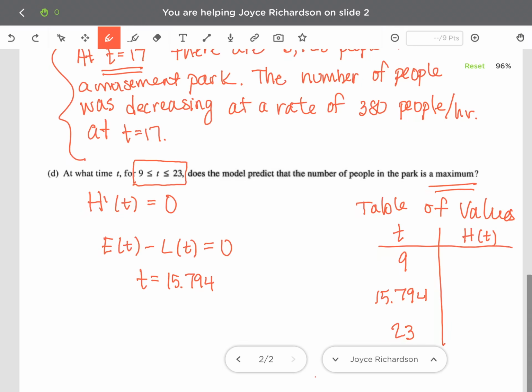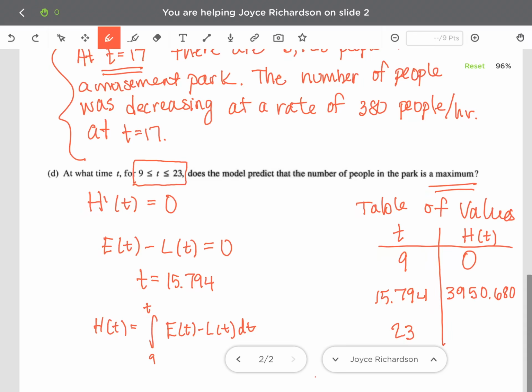H of t is the integral from 9 to t of e of t minus L of t dt. If I go to 9, that means there are 0 people in the park. If I calculate this with 15.794, I have 3950.680.